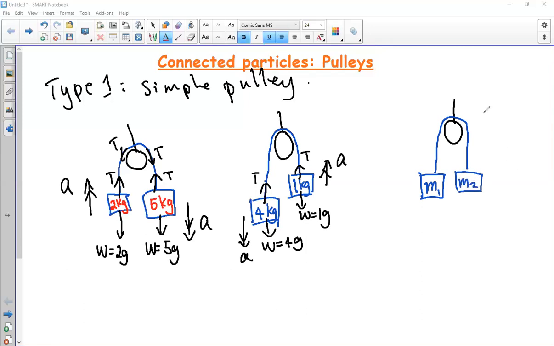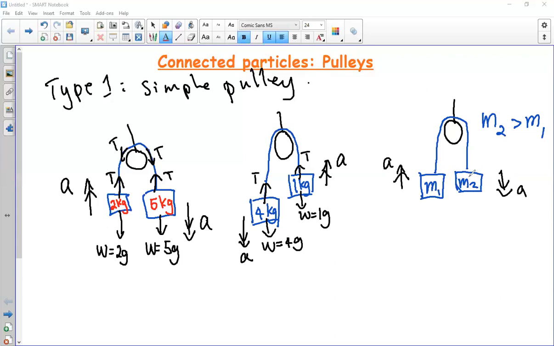And imagine if M2 is greater than M1, so M2 is heavier. Now, when I release both the boxes, M2, this box, will go down, and M1, this box on the left hand side, will be pulled upwards. So this is how you should label your acceleration.